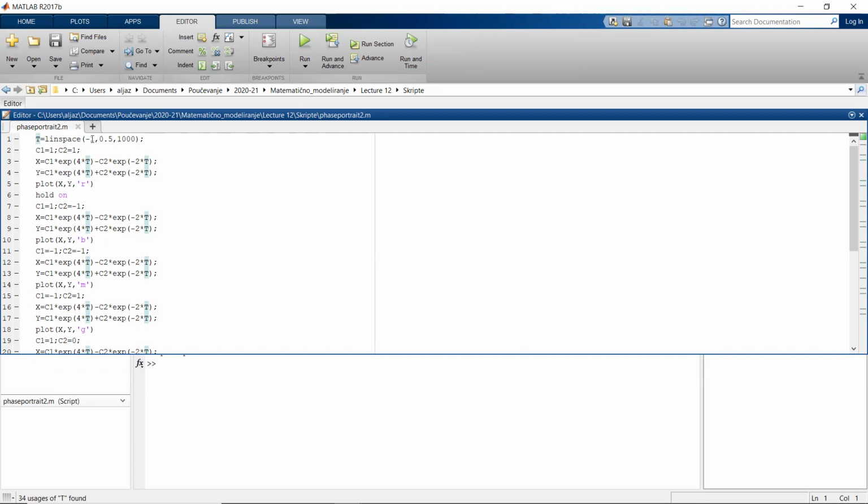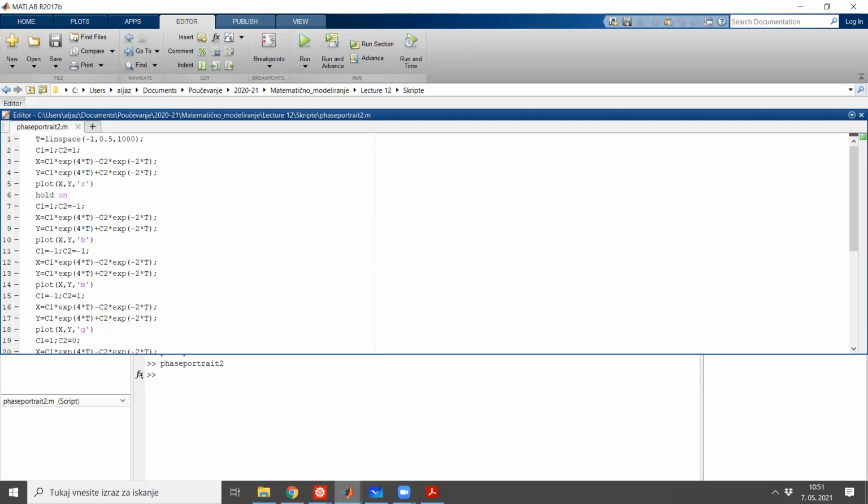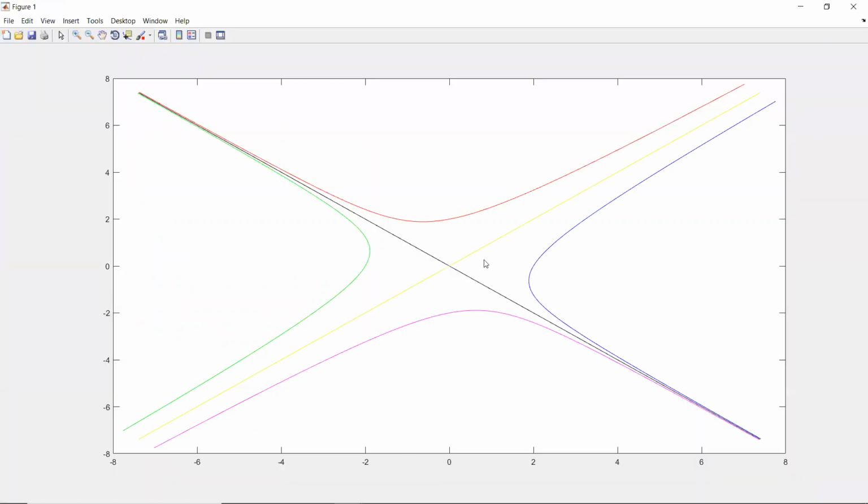Again, I chose C1 and C2 to be 1, 1, and then 1, -1, -1, -1. So I took all 4 possible combinations of signs for the coefficients, and this is our solution to the differential equation. The eigenvalues are 4 and -2. And let's run the example. And what we get is really the phase portrait we expect.